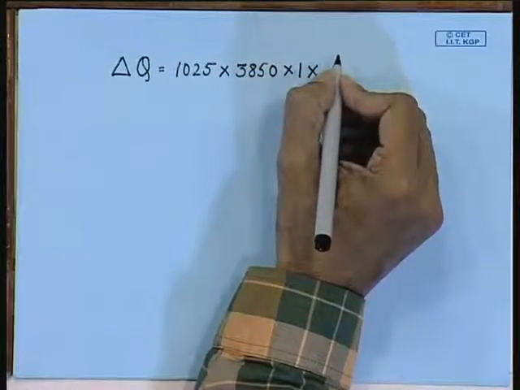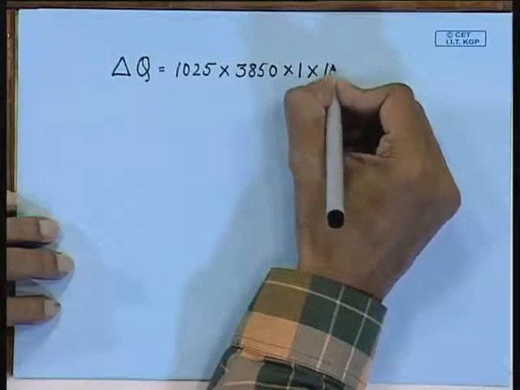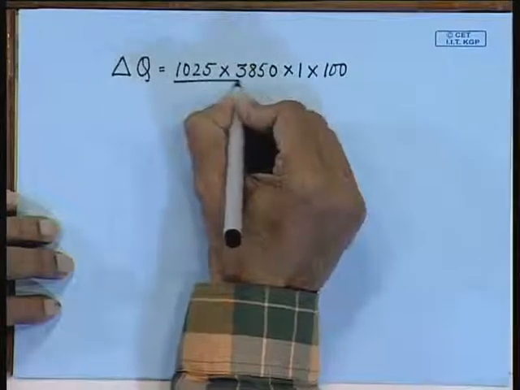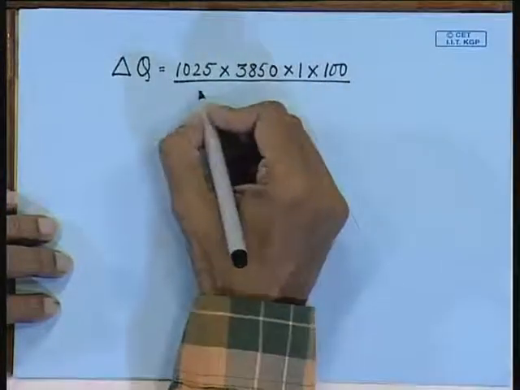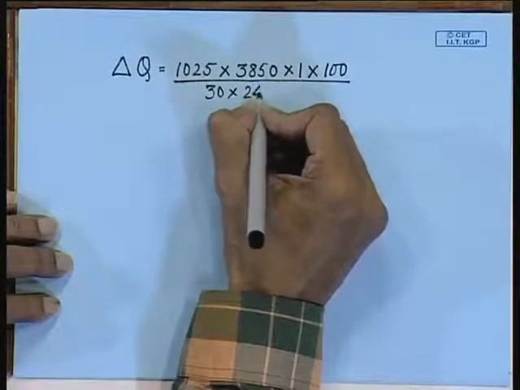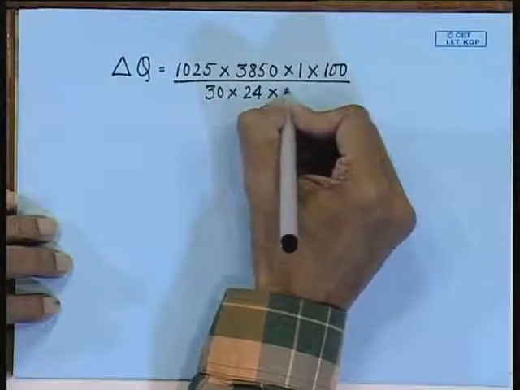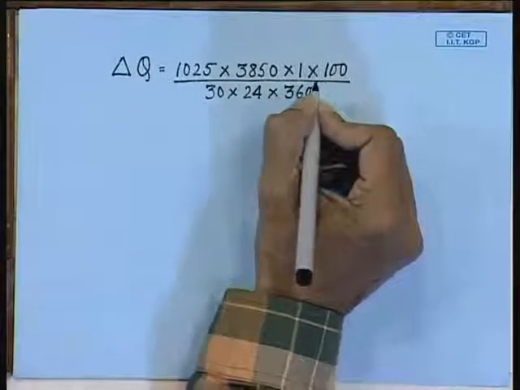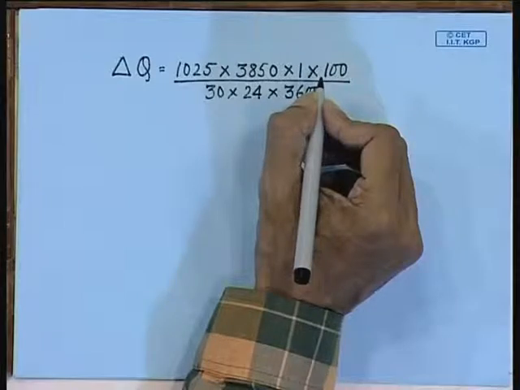Volume, how much we are getting? That is 100. So divided by 30 into 24, this is into 3600 we are getting. This is delta T, given in seconds.